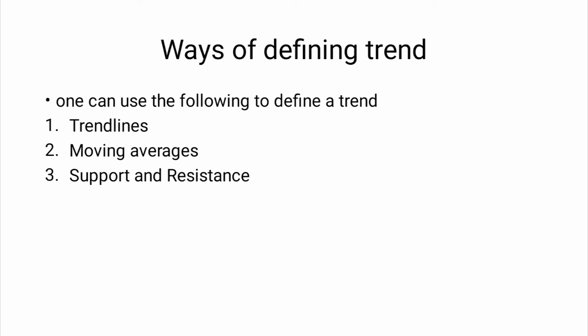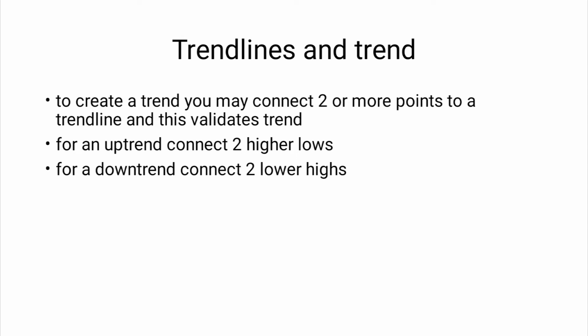So, ways of defining a trend. Now that you can log into MT5, you can use trend lines, moving averages, and support and resistance. To illustrate with trend lines: for you to say the market is in a trend, it has to form at least two hits.